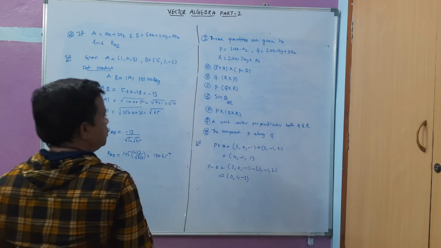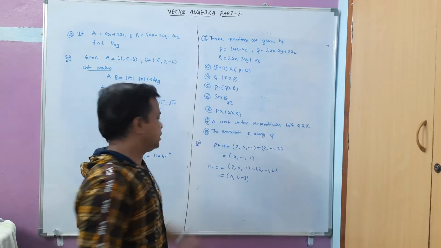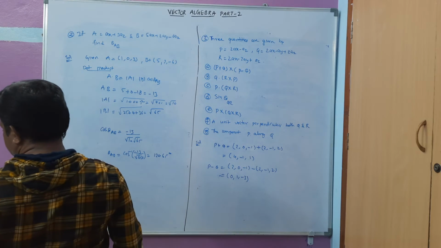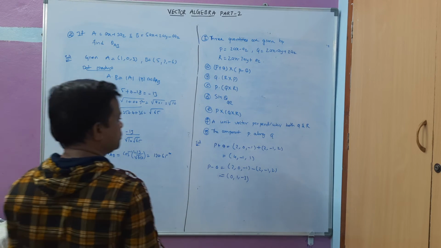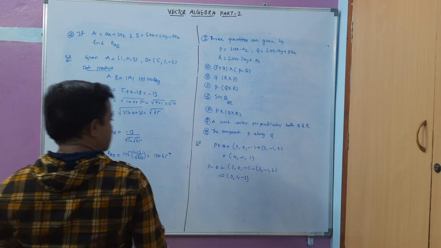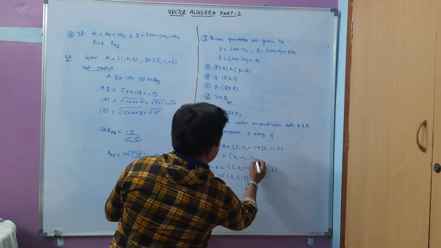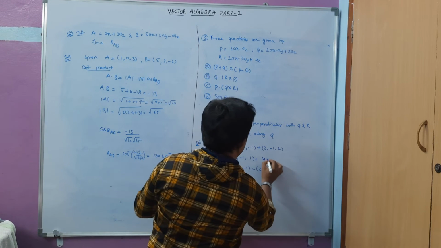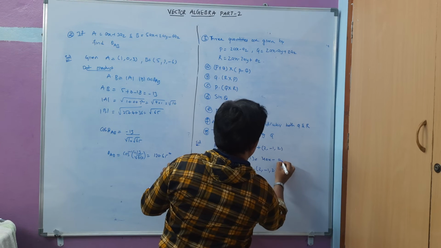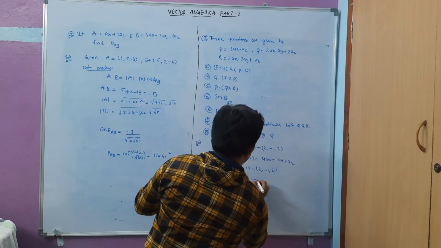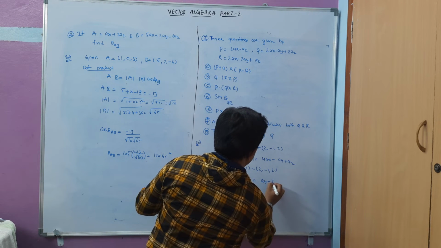Now I have to take the cross product of these two vectors, P plus Q and P minus Q. I can write P plus Q as 4ax minus ay plus az, and P minus Q as ay minus 3az.